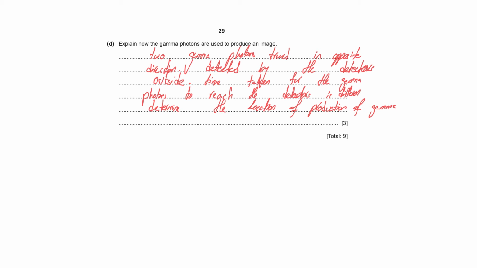And this gives us the image of the tracer concentration in the tissue. So basically, depending on the amount of tracer that is absorbed by a particular tissue, we'll get a different amount of gamma photons produced, and that is used to create a final image.